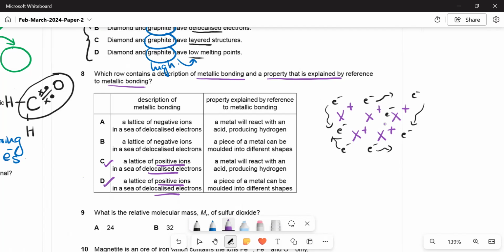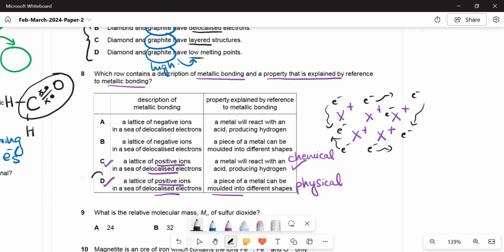A metal will react to produce hydrogen, which means a chemical property is represented by it, or a piece of a metal can be molded into different shapes. This is a physical property. So the lattice structure and the delocalized electrons, the proper lattice structure, the strong attraction, this explains the property of malleability.